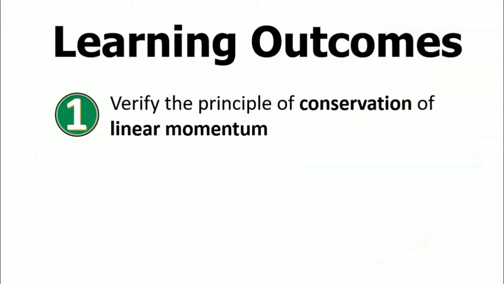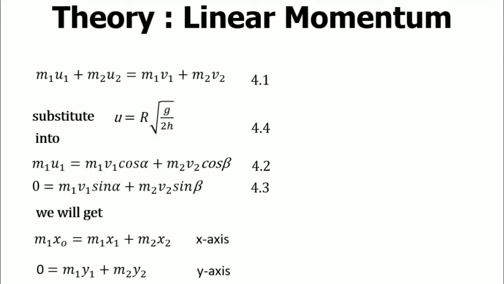In this experiment, we are going to verify the conservation of linear momentum. For the theory of conservation of linear momentum, we have equation 4.1, m1u1 plus m2u2 equals m1v1 plus m2v2. We substitute equation 4.4, which is u equals r times the square root of g over 2h, into equations 4.2 and 4.3.